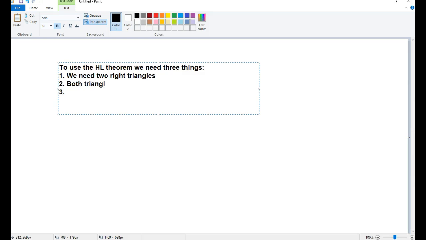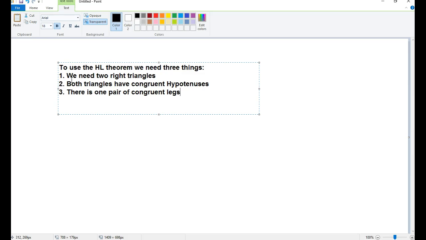Both triangles have congruent hypotenuses. And the last one is there is one pair of congruent legs, making sure that the legs are the same.